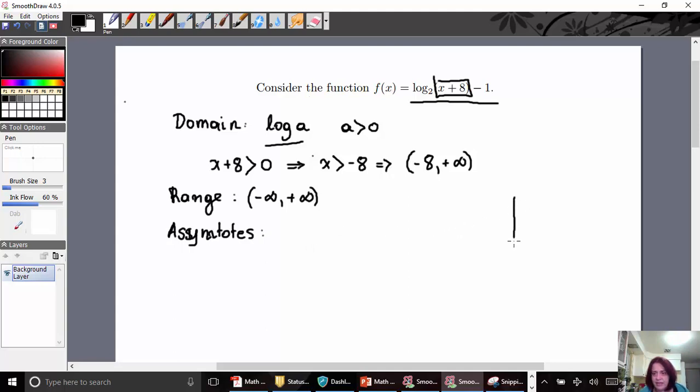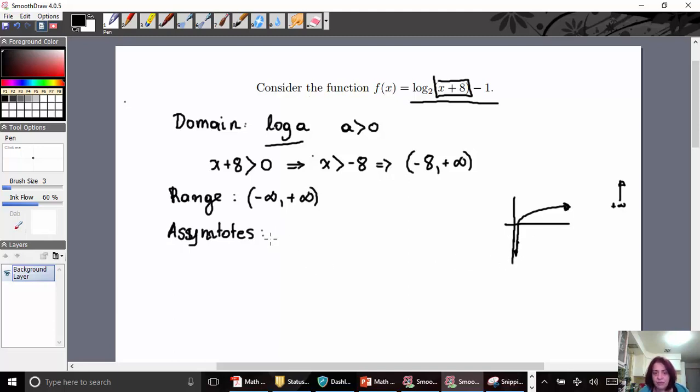Remember that the general curve for any logarithmic function is this. So it increases slowly to positive infinity, and it decreases asymptotically to one vertical asymptote.